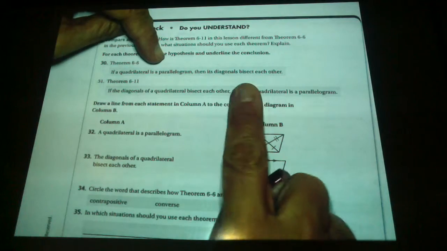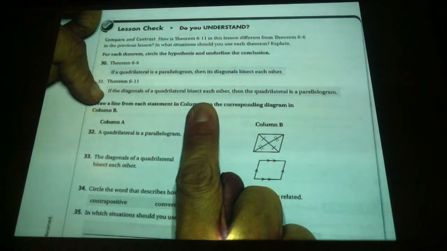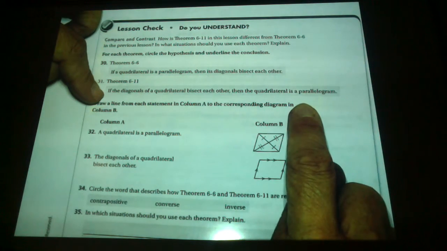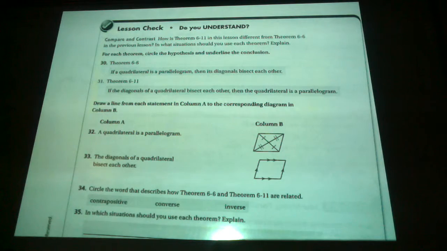It's not a biconditional, this isn't an if and only if, but they are converses of each other, right? So these two are converses, and they assume different things. This one assumes that you have a parallelogram, so my conclusion is that the diagonals bisect each other. Whereas on this one, my assumption is that the diagonals bisect each other. That's my known fact. Then my conclusion would be, oh, well, it must be a parallelogram. So that's what the converse is doing. You have a different fact that you're basing your conclusion on.